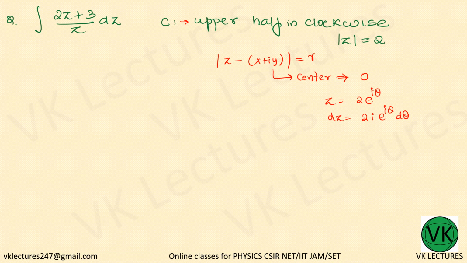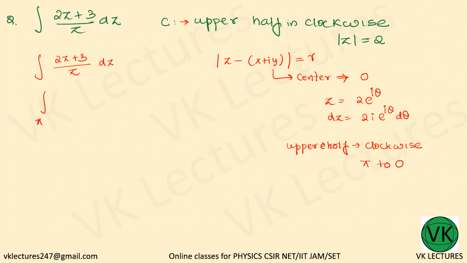Okay. Now the integral 2z plus 3 divided by z dz. Now substitute for z. So integral, and also we can write the limit since it is in the upper half, clockwise. It is from pi to 0.